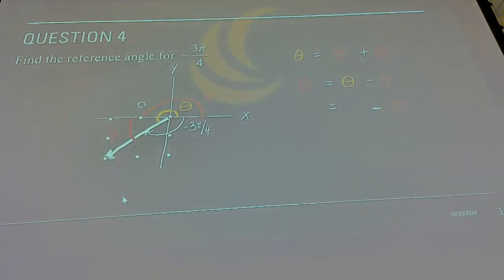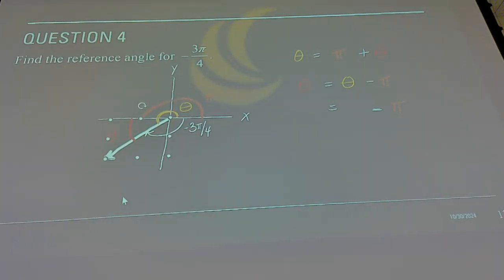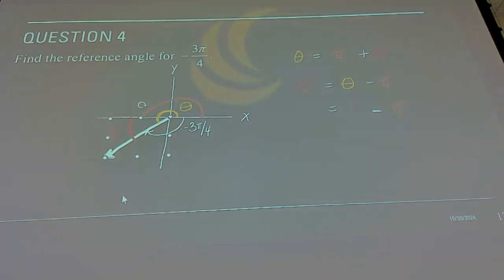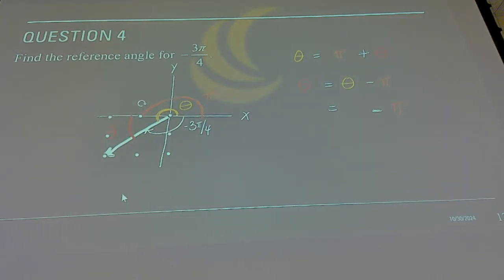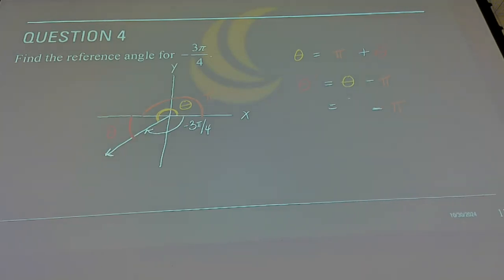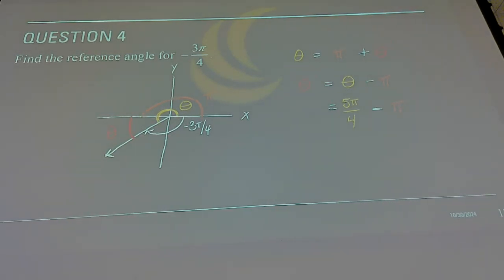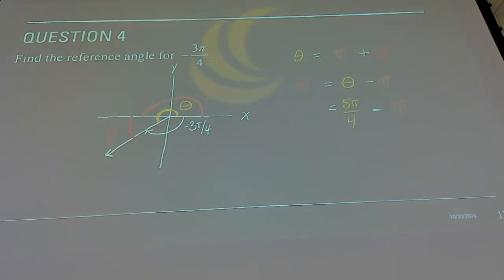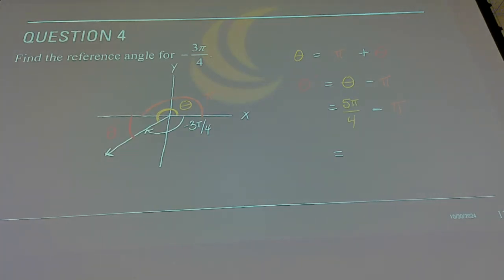Since they both have pi, you can ignore it: negative 3/4 plus 2. Look, there's your coterminal angle, 5 pi over 4. Now, what is 5 pi over 4 minus pi? That's your reference angle.